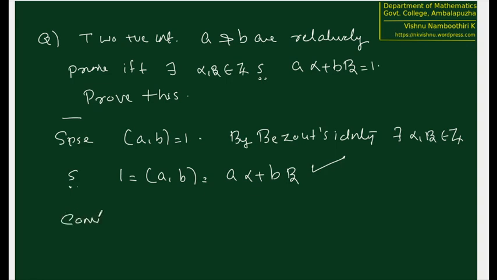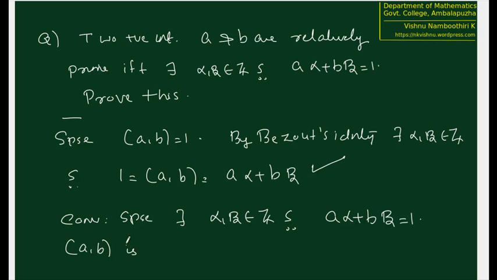Conversely, suppose there exist integers alpha, beta such that A alpha plus B beta equal to 1. Now, what is the GCD of A and B? GCD of A and B is the least positive linear combination of A and B. But what is the least positive integer?